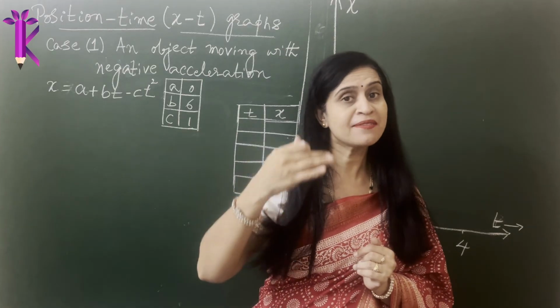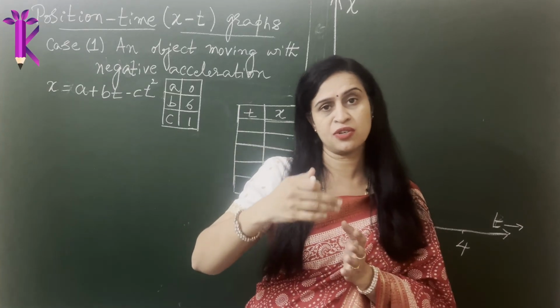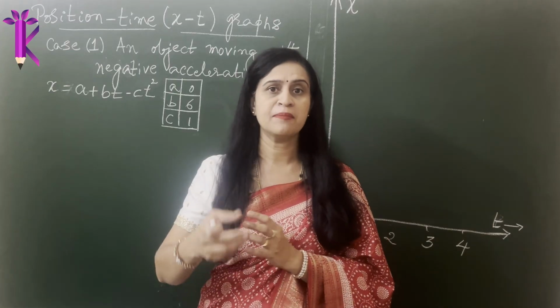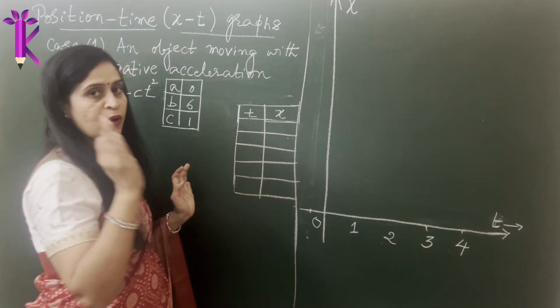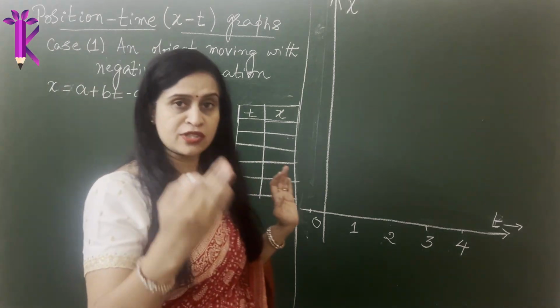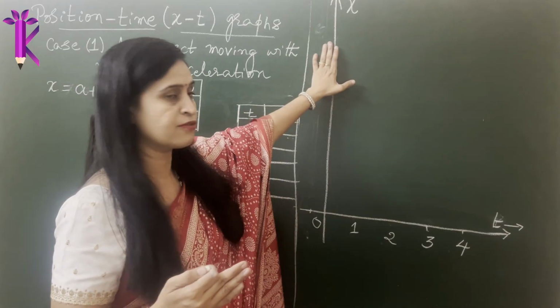That is, you see the velocity keeps decreasing, or the change in position for the same difference in time keeps on decreasing. To do so, we need a relationship that connects position with time, because for different values of time, we need different values of x.